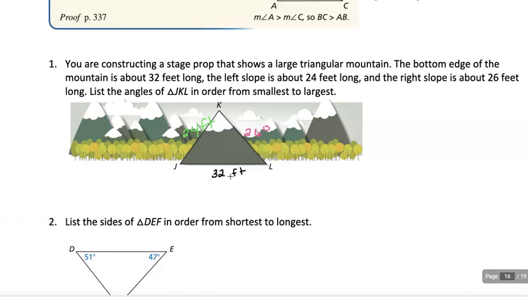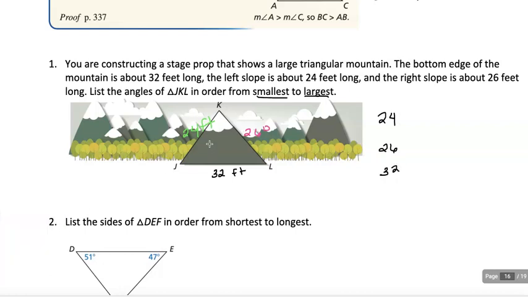24, 26, and 32. And it says list the angles of the triangle from smallest to largest. So the smallest side is 24, then 26, then 32. This is my smallest to largest for my sides. Once I know that, all I gotta do is find the opposite angles.